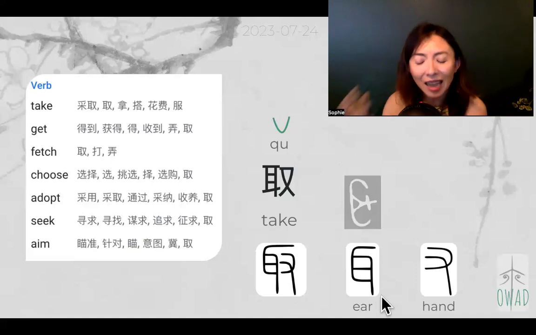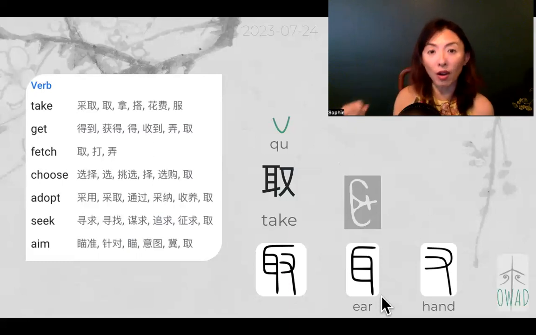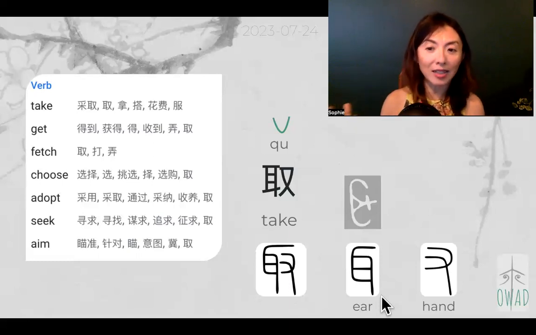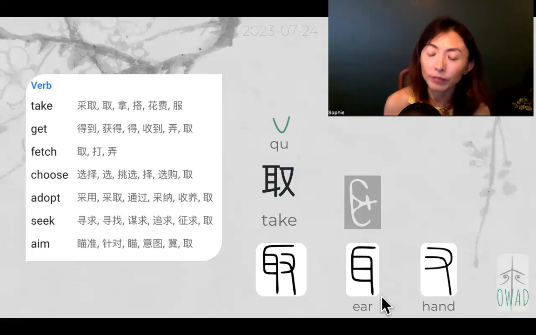That means you actually take somebody's life, and use the ear count as the quantification or justification of your reward, how many ears you collected at the end of the battle.